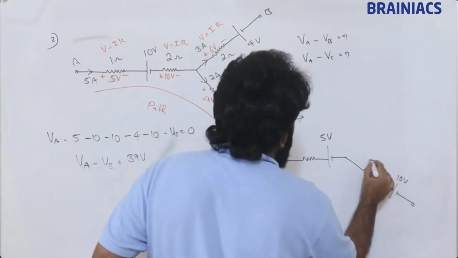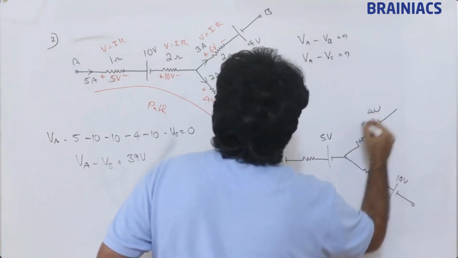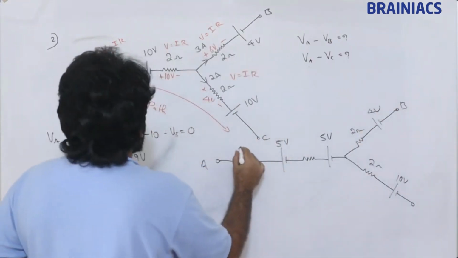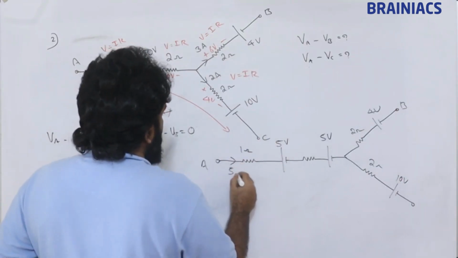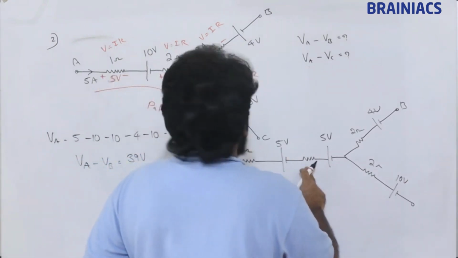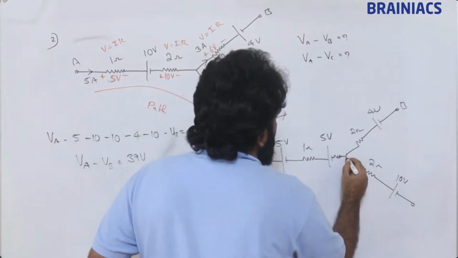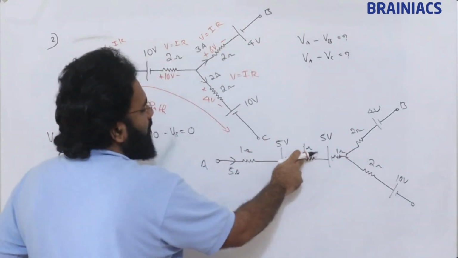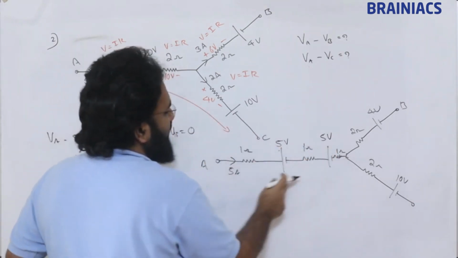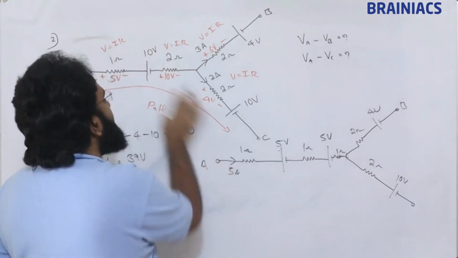So this is 10 volt, 2 ohm, 2 ohm, 4 volt, 2 ohm, and this is terminal B, terminal A. So this is 1 ohm, 5 ampere moving like this. Instead of making this 2 ohm, I made this 1 ohm, and connected another resistance of 1 ohm here. So the 2 ohm we split like this, and this 10 volt we split into 5 volt and 5 volt with the same polarity. If we do like this, we still get the same value.